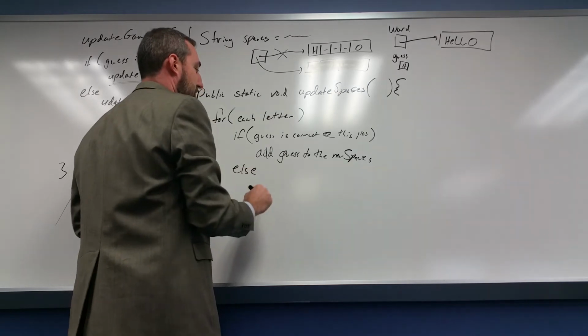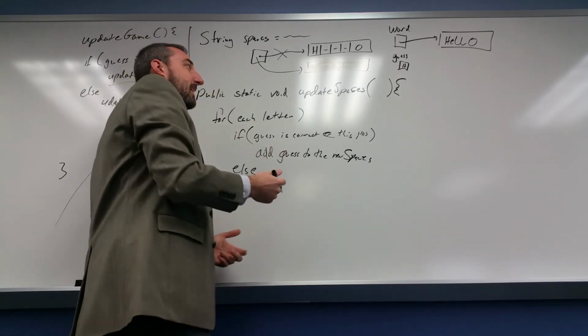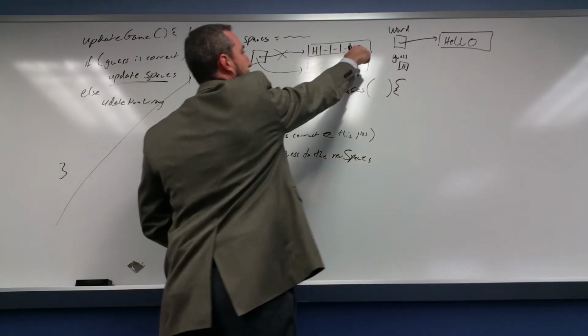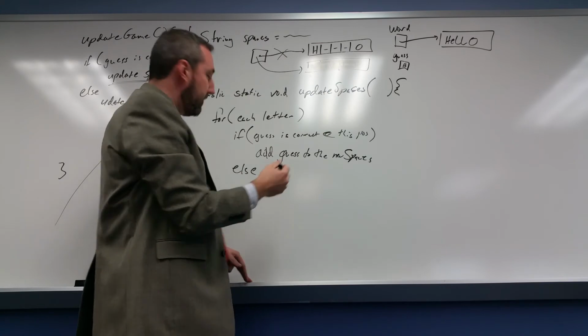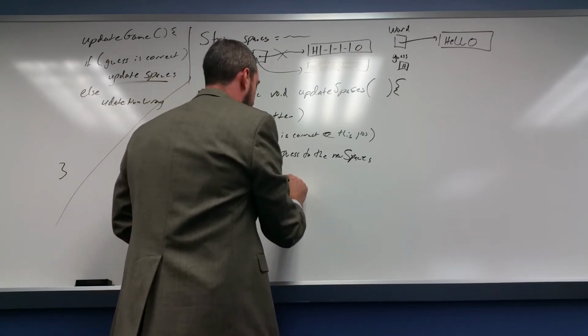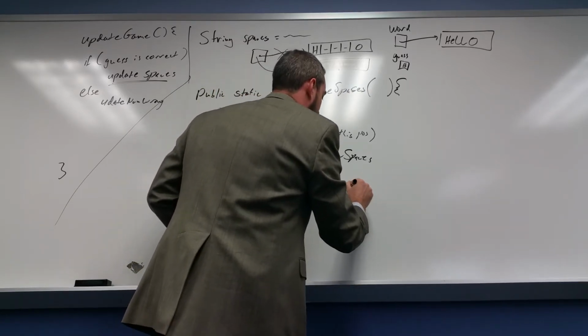Otherwise, we're going to put maybe a dash in, but maybe not a dash. For instance, if I get here, I'm going to add a dash. But if I get to the O, I'm going to add an O again. So otherwise, add whatever used to be in the old spaces.